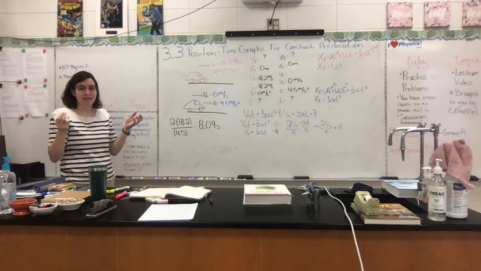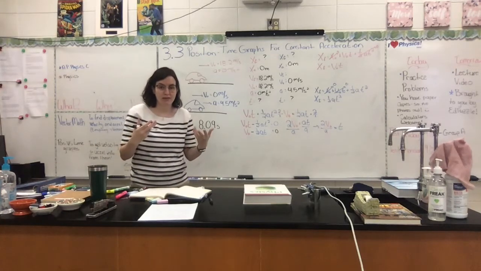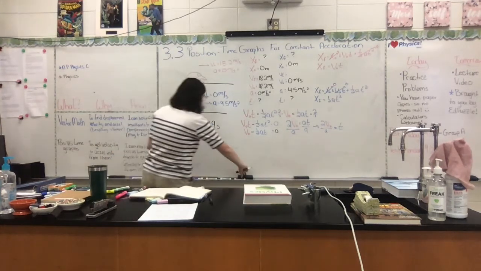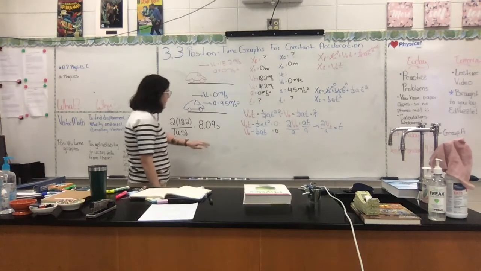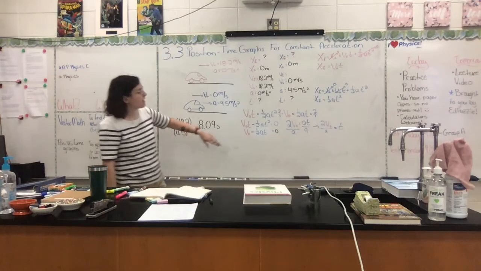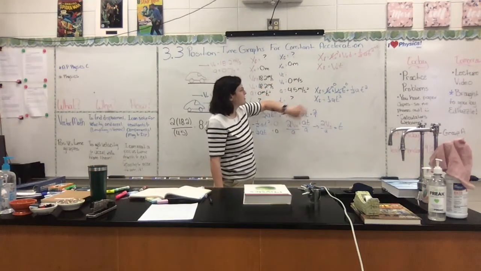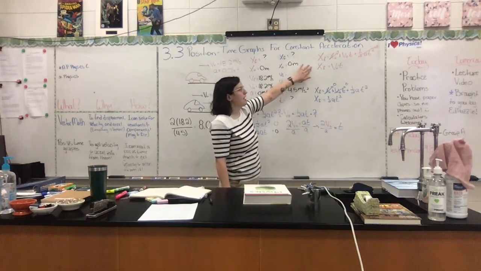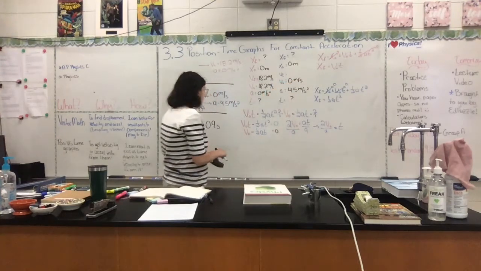Now we're being asked to find our where, all right? So if we want to find our where, we take this 8.09 seconds and we plug it in to one of our equations. So I'm going to choose the position time equation for the speeder, and I'm going to plug it in there.